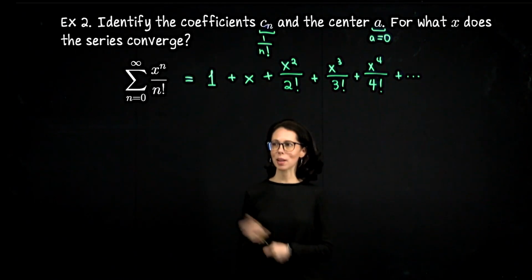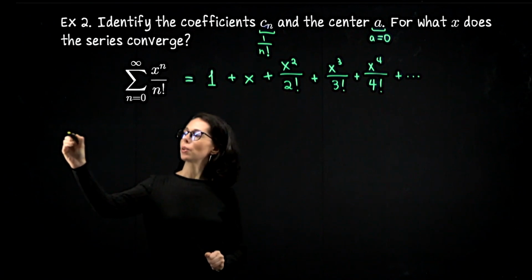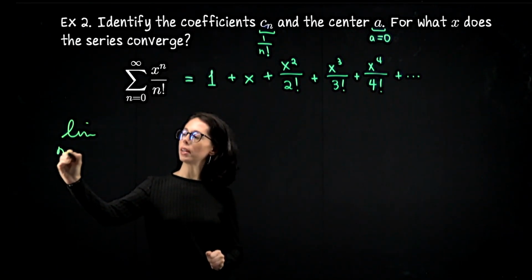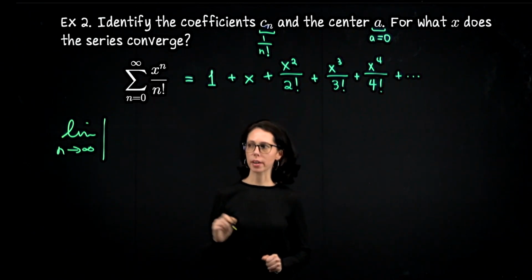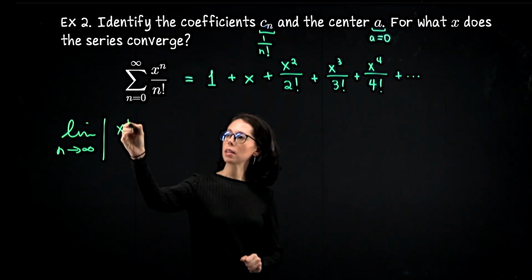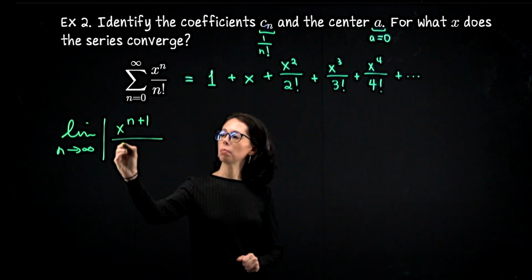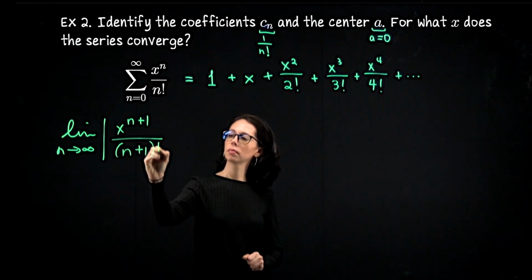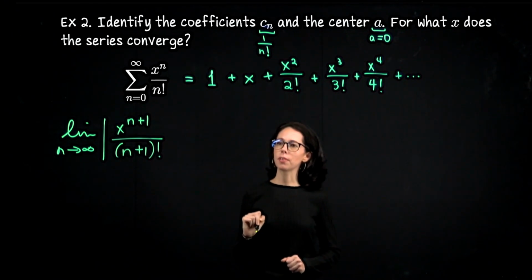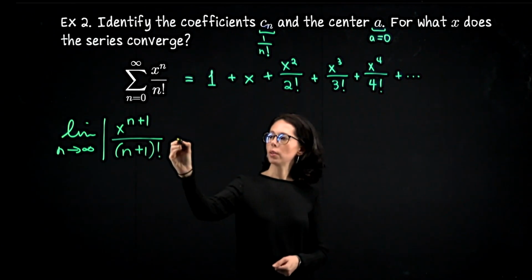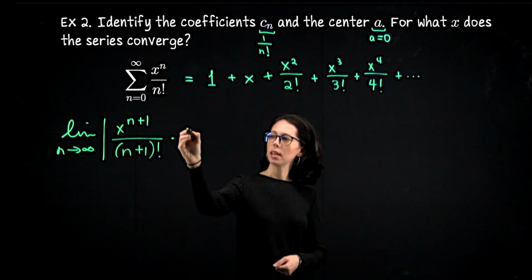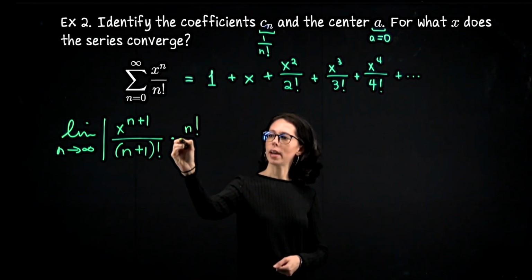Okay, here's how I would set up the ratio test. So let's write the limit as n goes to infinity of the absolute value of the n plus 1th term. What I'm going to do is write x to the n plus 1 divided by n plus 1 factorial. And then to divide by the nth term is to multiply by its reciprocal. So let me write times n factorial divided by x to the n.